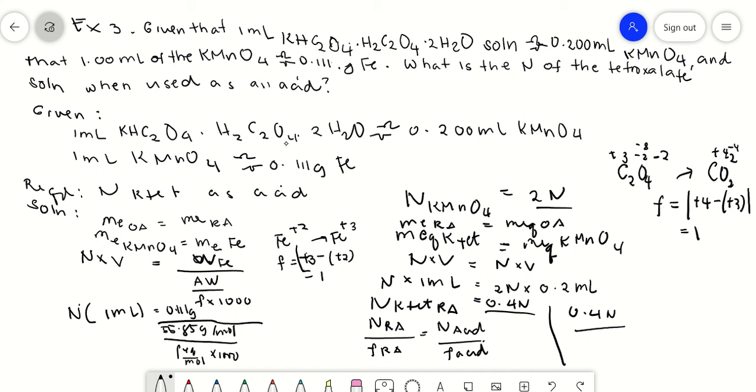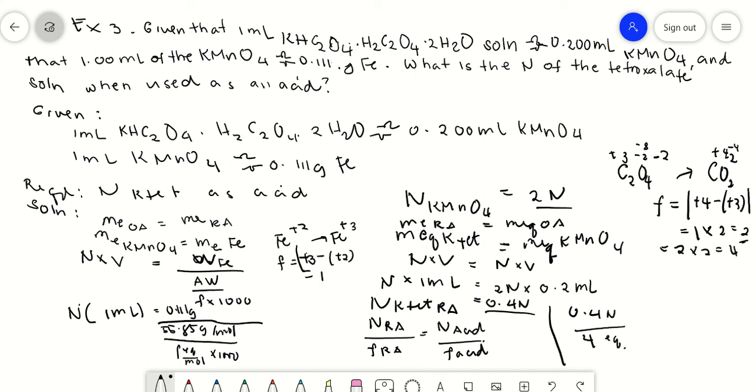However, we have 2 carbon atoms here, so the factor of oxalate would be 2. Now, look at oxalate as we discussed in the previous problem. There are 2 oxalates here, so that would be 2 times 2. We'll have 4, which is the factor.